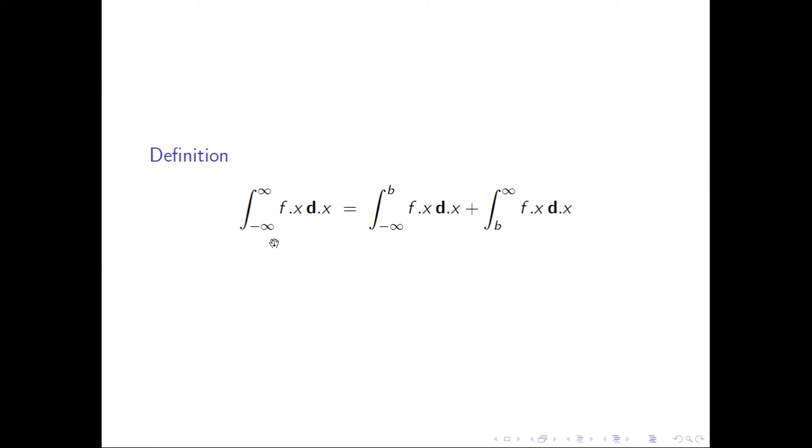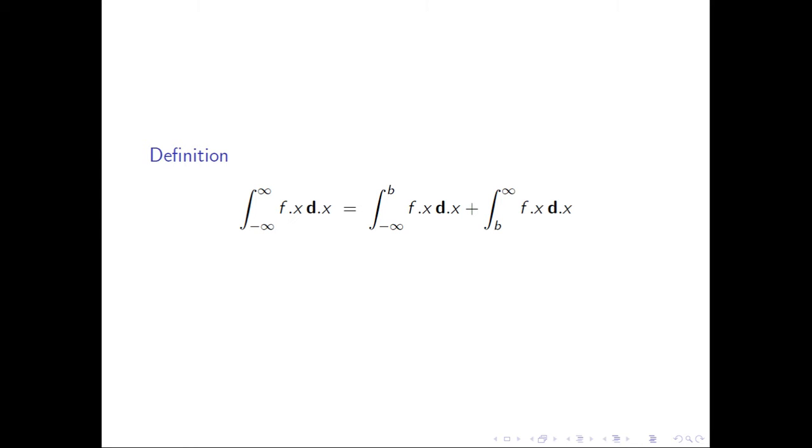Well, the integral of f of x dx between minus infinity and infinity is equal to the integral between minus infinity and b of f of x dx plus the integral between b and plus infinity of f of x dx, where b is any real number.